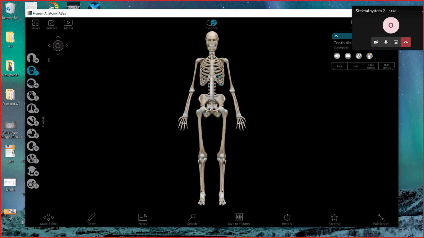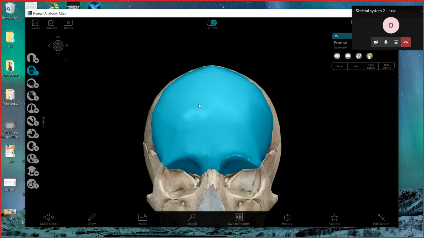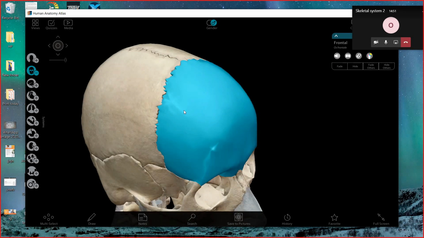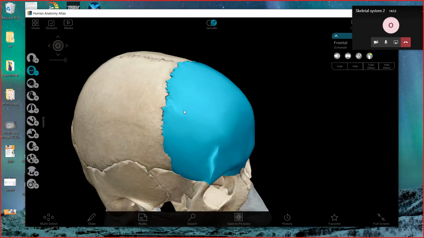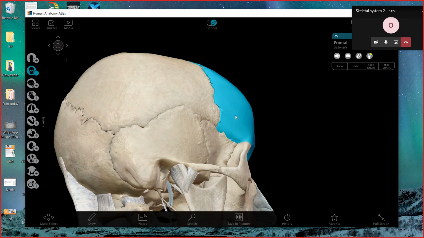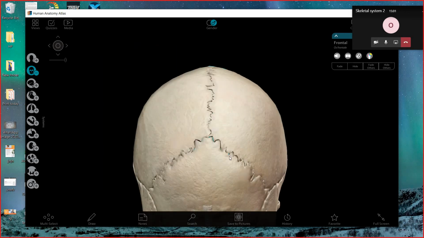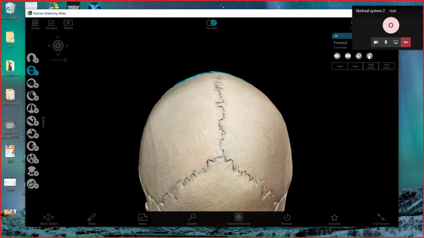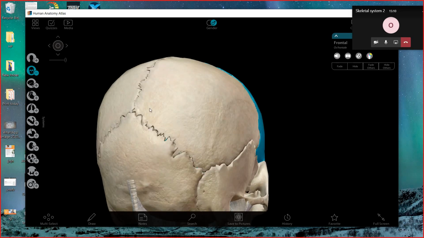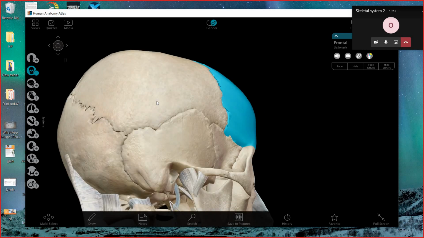So first of all, we will start by the axial skeleton, and as we said, the skull. Okay, this is the skull, and we will not study the names or the structures of the bones of the skull, but just these are the skull. And if you can see here, because this we will study it later, can you see that the skull is not one unit of bone?